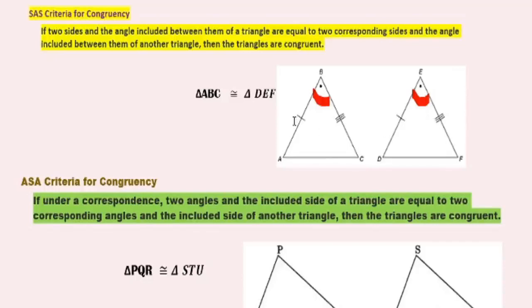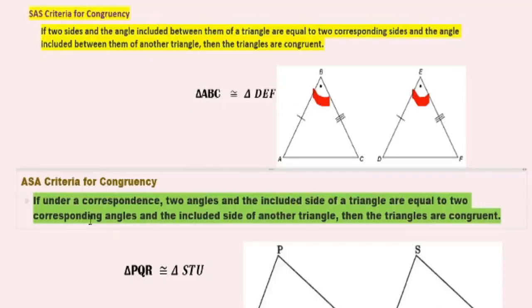So two sides and the included angle, so you can write triangle ABC is congruent to triangle DEF by SAS congruence criteria. This is the second condition of congruence of triangles.